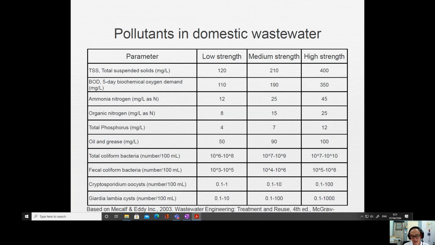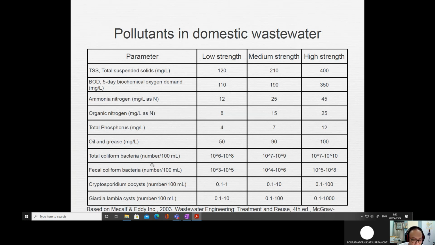Fecal coliform bacteria is a group of the coliform bacteria. So total is overall microorganisms, overall the bacteria, which are typically found in mammals, but the one which is typically excreted from human beings is the fecal coliform bacteria. So this is actually a subgroup of the total coliform bacteria.